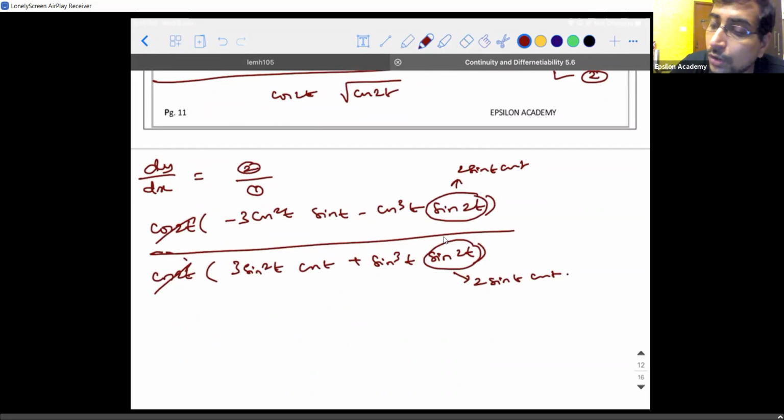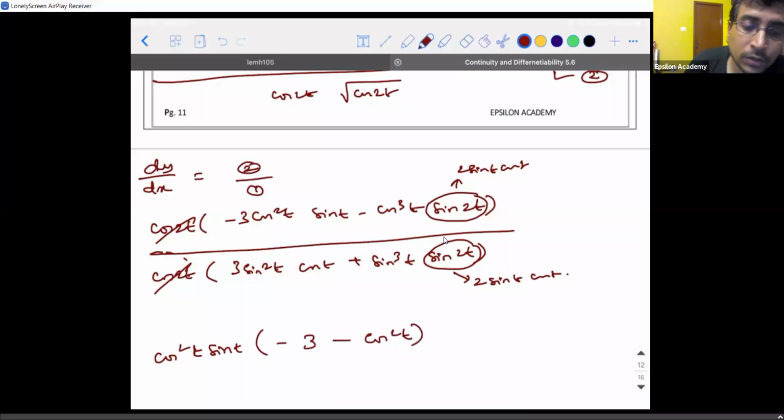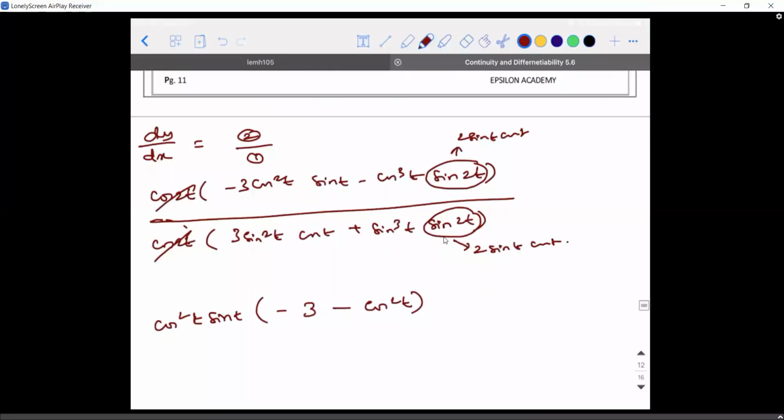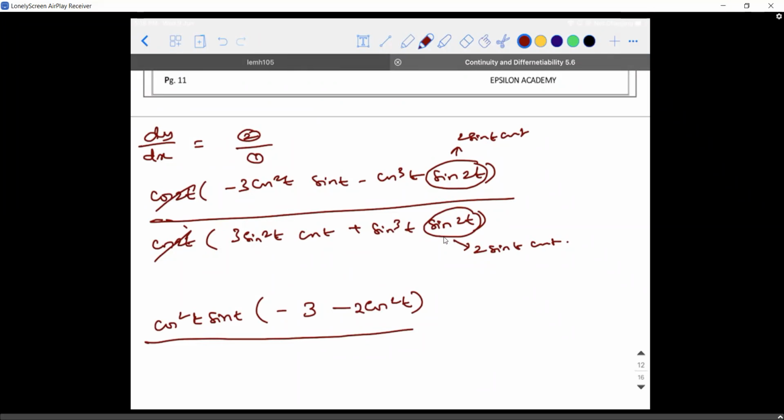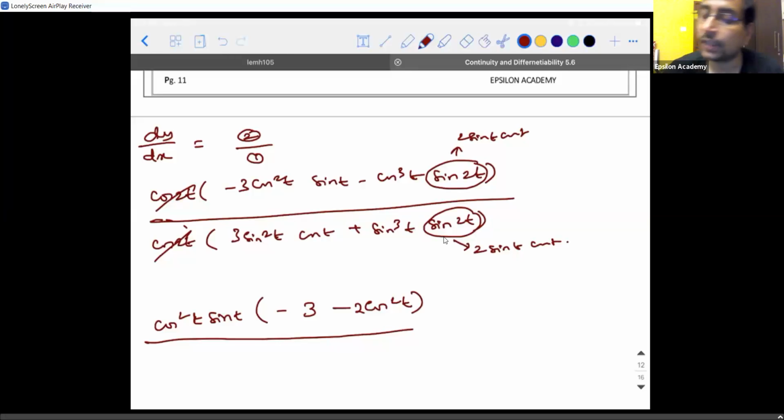Can I take out cos square t sin t from the numerator common, so that I will get minus 3 minus 2 cos square t. Yes, 2 cos square t.